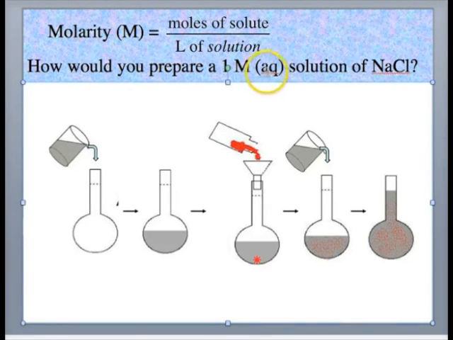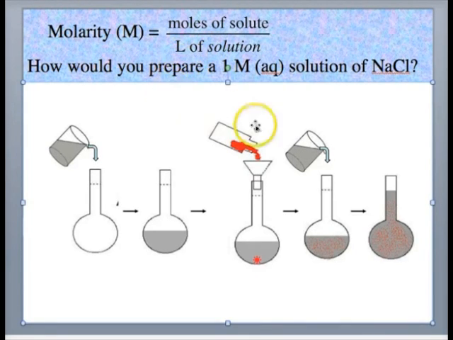It's water. 1 molar means you're dissolving 1 mole of sodium chloride in 1 liter of solution. Now, note the way this is phrased, 1 mole of solute per liter of solution. It is not 1 mole of solute per liter of solvent. And that really defines the way you have to go about preparing this solution.